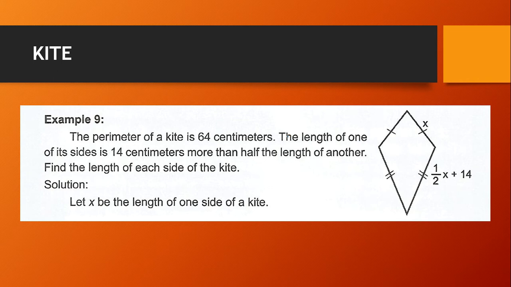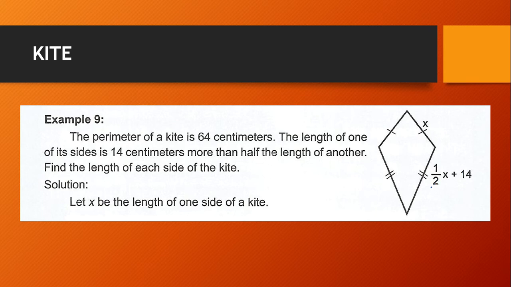The length of one of its sides is 14 centimeters more than half the length of another. So one side of the kite is 14 centimeters more than half the length of another. Find the length of each side of the kite. If you interpret that into an algebraic expression, one side is x and the other side is 1/2 x plus 14.